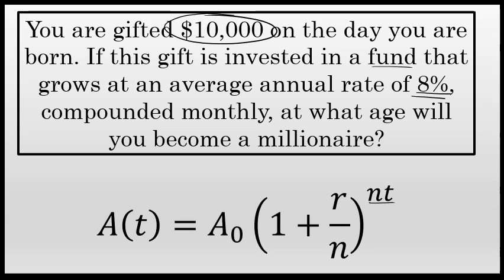Those things would be significant when it comes to the growth and how long it takes for you to become a millionaire, but because it's beyond the scope of this problem and for simplicity's sake, we're going to ignore taxes and fees and determine how long it will take for an investment of $10,000 growing at a rate of 8% to grow to $1 million. Let's begin.